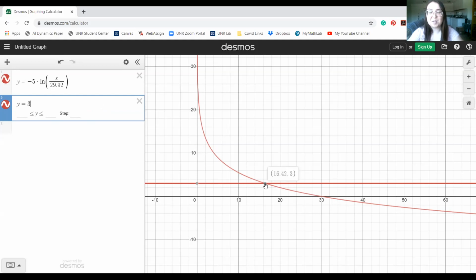We scroll over our point and see that we get 16.4 and 3. So our height will be 3 miles above sea level whenever our pressure is 16.42. You can use Desmos to do something like this, or you can use a graphing calculator if you have one.